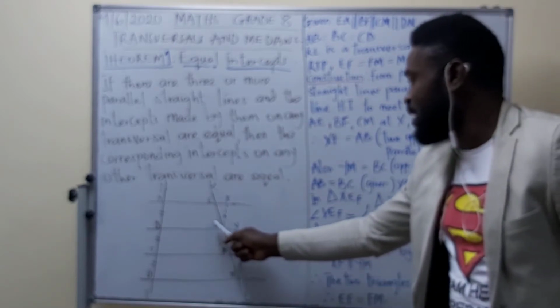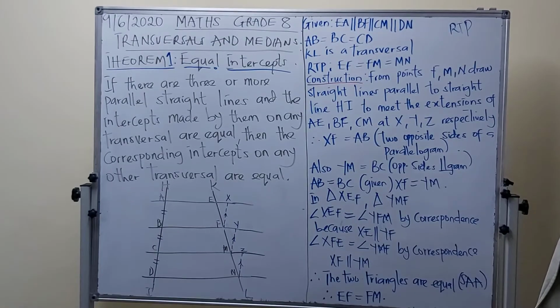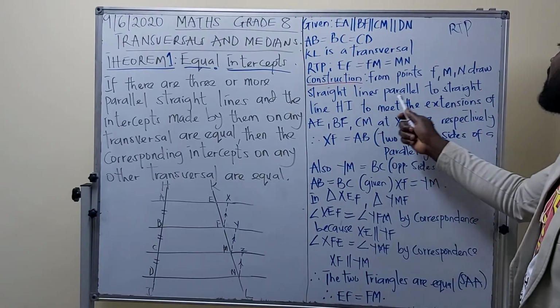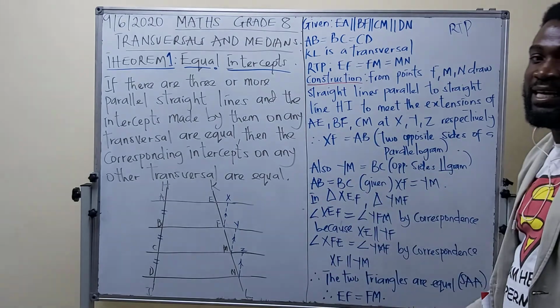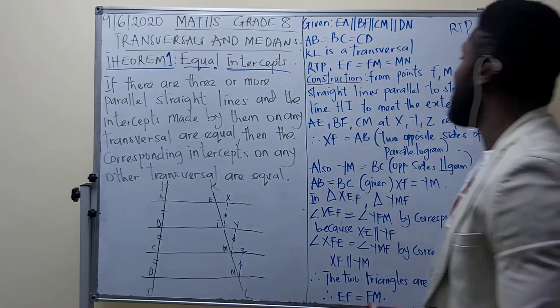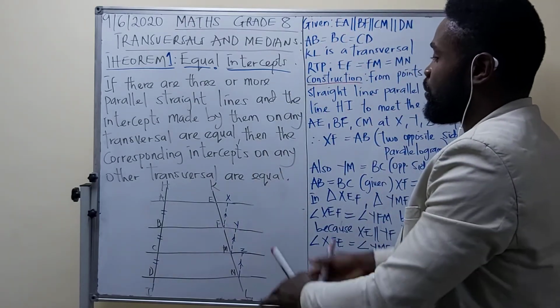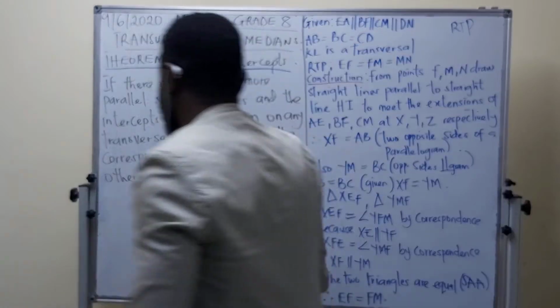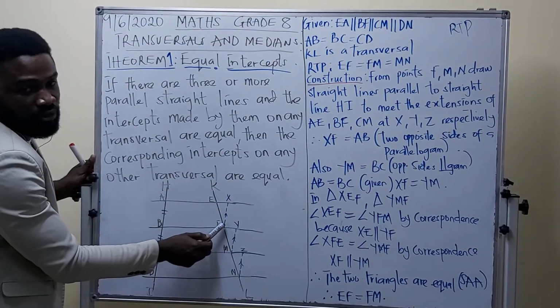This is F, M, and N. It says, draw straight lines parallel to straight line HI. Don't forget, line HI is a transversal. So we are asked to construct lines parallel to line HI from all those points. That is why we have this construction in blue line.